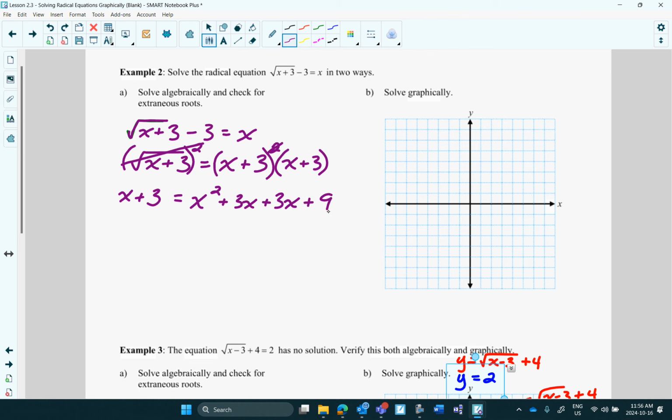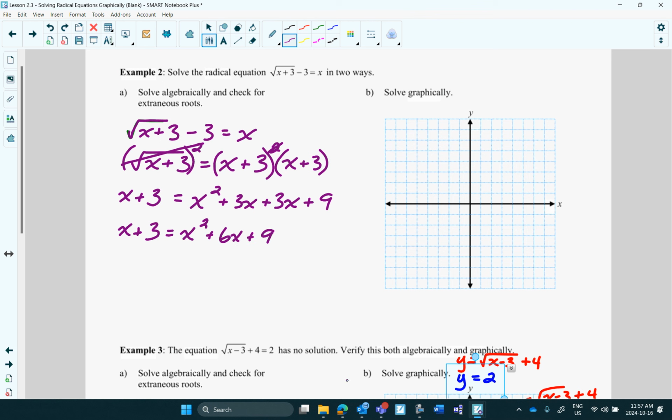What kind of an equation do I have? Quadratic, and I also have an x term, which means I have to solve by factoring. So I have to get everything over to one side, factor, and find my solutions. Here, I can simplify the right by combining the 3x's.